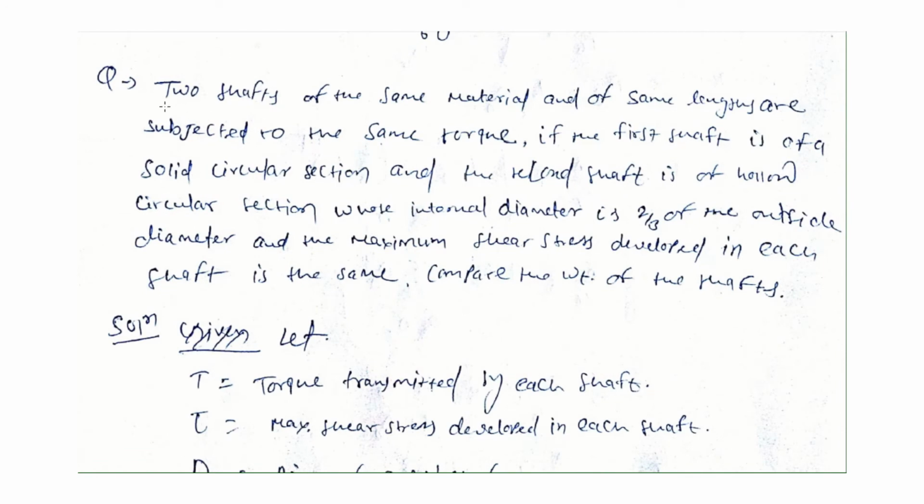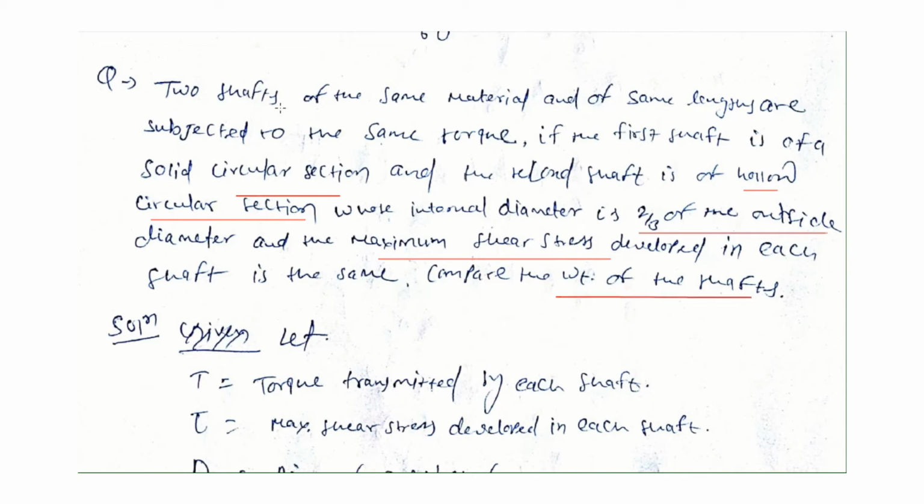So here is a problem. Two shafts of the same material and of the same length are subjected to the same torque. If the first shaft is of solid circular section and the second shaft is of hollow circular section, whose internal diameter is 2 by 3 of the outside diameter, and the maximum shear stress developed in each shaft is the same, compare the weight of the shafts.